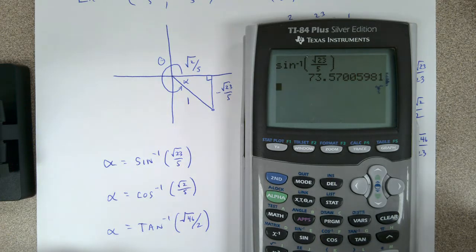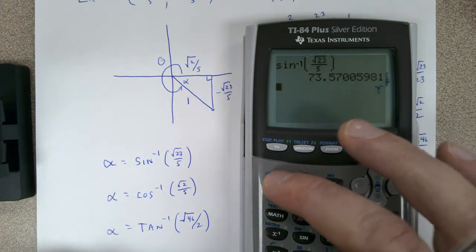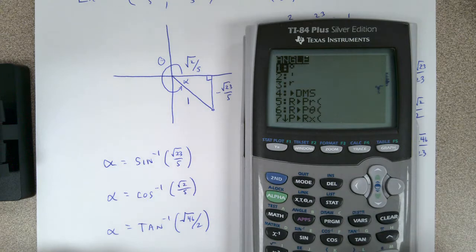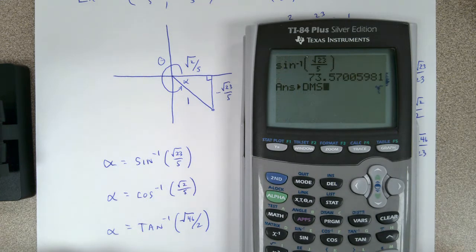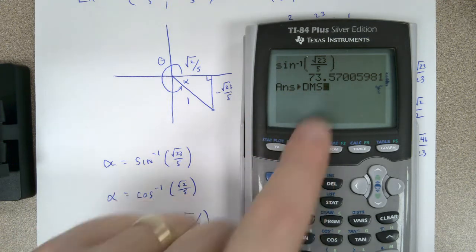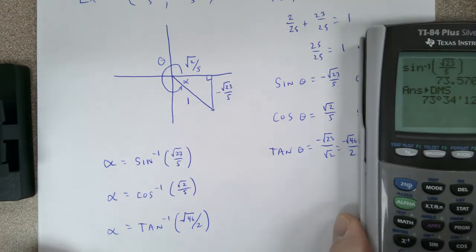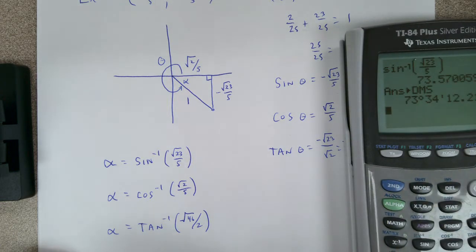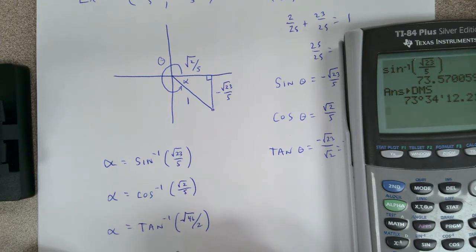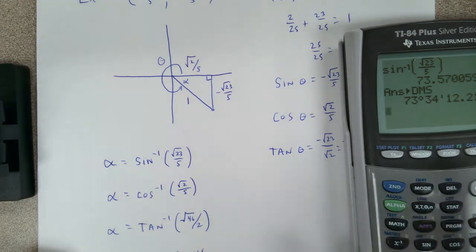So I'm going to hit second and angle. I'm going to change it to degrees, minutes, and seconds, which is the 4 button. So it says answer DMS and hit enter. What this tells me here is alpha is 73 degrees, 34 minutes. So alpha is 73 degrees, 34 minutes.